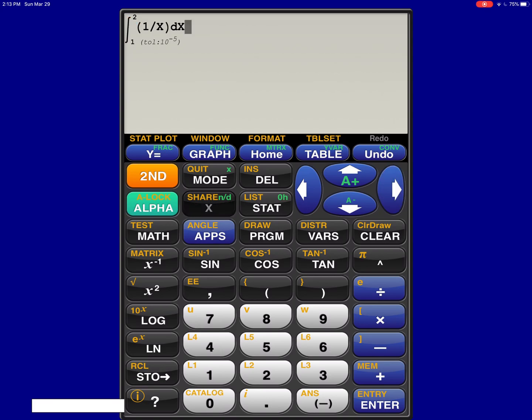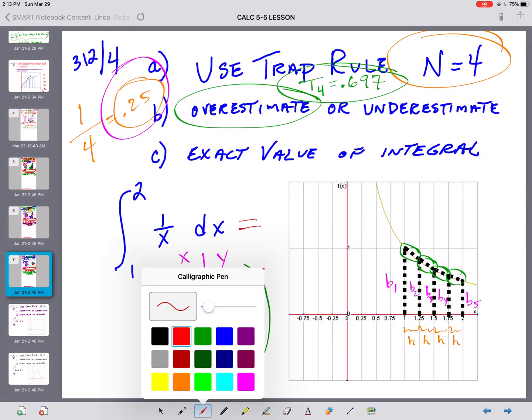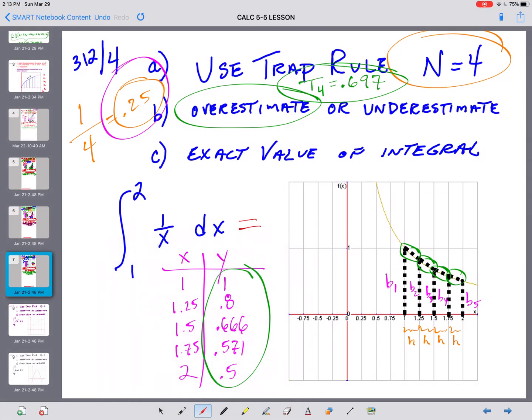The variable x, there it is, 0.693. Yes, our trapezoid rule was just a little bit high. Very close though, but it was just a little bit of an overestimate. That finishes up going over homework, page 312.